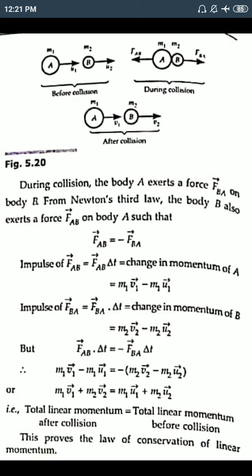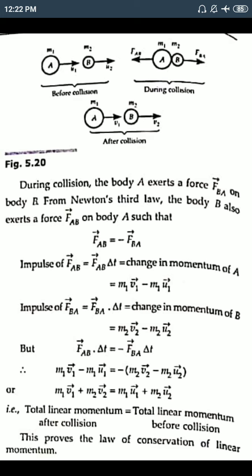As we already discussed, action and reaction take place on different bodies. That's why they are equal and opposite but do not cancel. So we can write FAB equals minus FBA, and this is a vector relation.